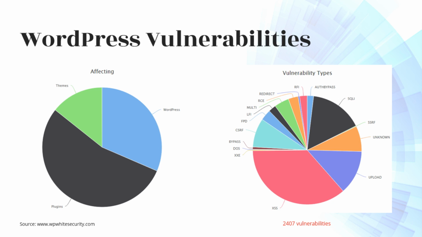But then again, when we look at the other half of it, which is even more than 50% of those vulnerabilities, they are coming from the plugins that developers or companies write in order to work with WordPress. So having a vulnerability associated with a plugin that I'm using in my content management system will also inherit the vulnerability to my system as well. And this also opens up a much larger door when it comes to attacks and protecting against them. And likewise, themes also have their own percentage when it comes to vulnerabilities.